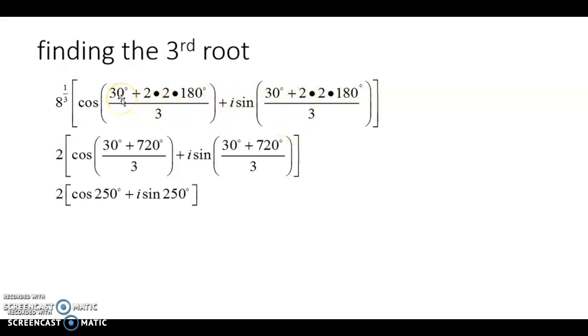Again, your angle is always the angle given to you in your original number. So that angle was 30 degrees. We're finding the third root, so n is 3. Simplify just like you did the first and second time. And this time for our final root, since we were asked to find 3, we have it here: 2 times the quantity cosine 250 degrees plus i sine 250 degrees.